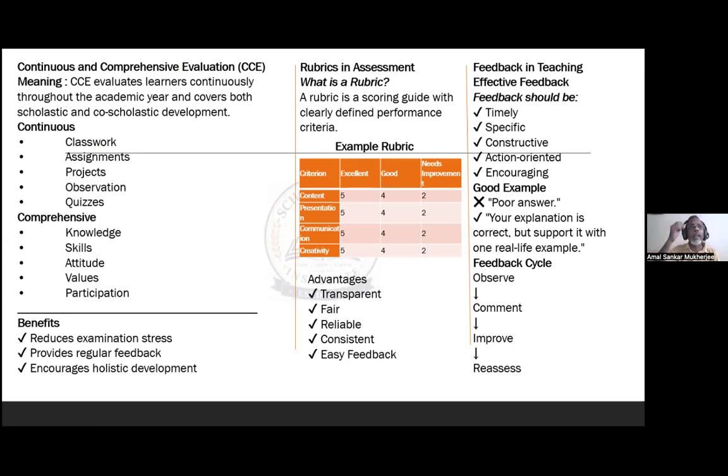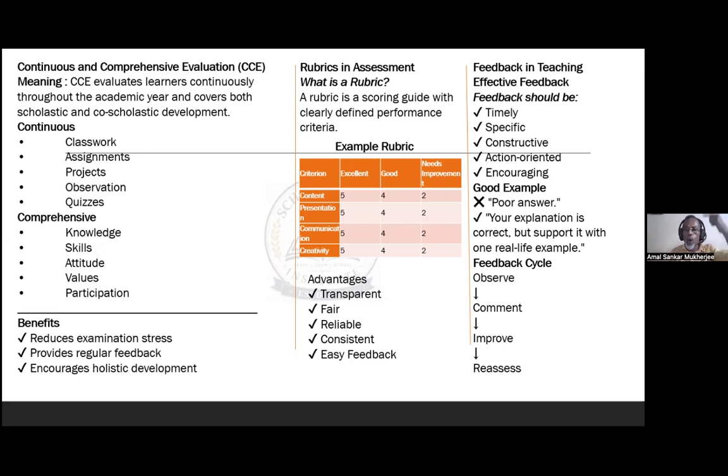So each and every time assessment is taken, if you find difficulties, automatically improvement or remedial teaching will be provided. Then the improved assessment will be taken again. In that way, the student will gradually progress, and ultimately we take the final assessment just to observe the student's overall performance or achievement.